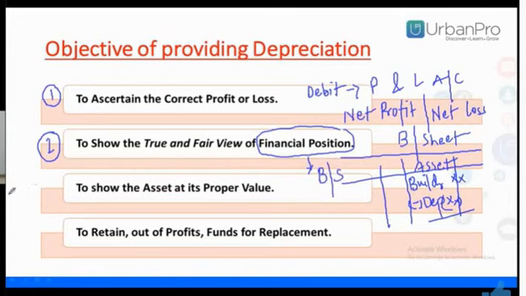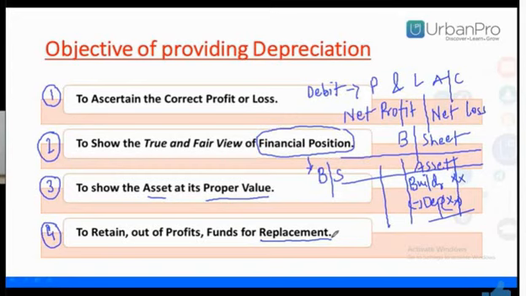Third reason is to show the asset at its proper value. If we don't charge depreciation, then assets will be overvalued, which is also not correct. Fourth, to retain funds out of profit for replacement. What do you mean by replacement? For example, if you buy a new laptop for rupees 50,000 and it will last for 5 years, then after 5 years you again have to buy a new laptop.